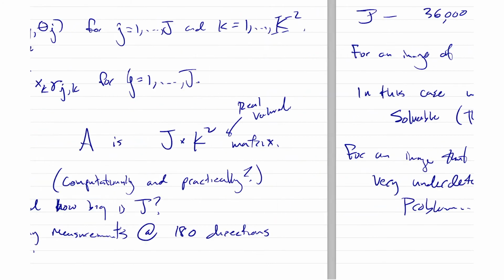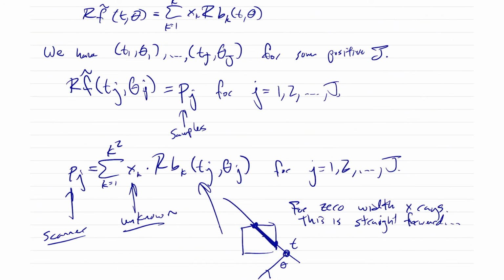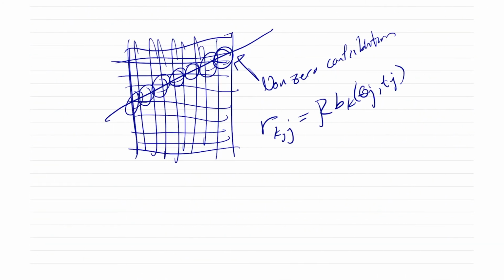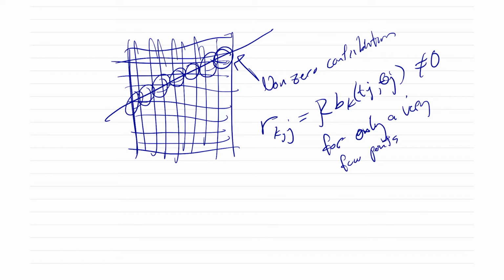Did I get that order right? t_j, theta_j, right? Other way around. Non-zero for only a few points, in fact, generally on the order of k.